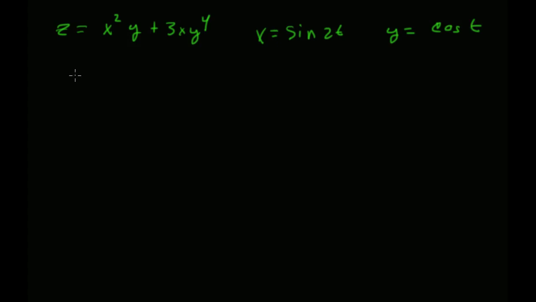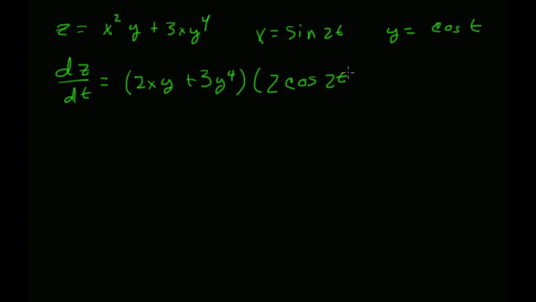We need dz/dt, which is going to be the partial of z with respect to x. So what do we get there? That should be 2xy plus 3y to the fourth. And then we're going to multiply by dx/dt, which is 2 cosine of 2t.